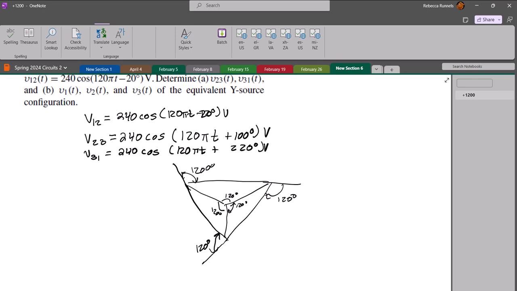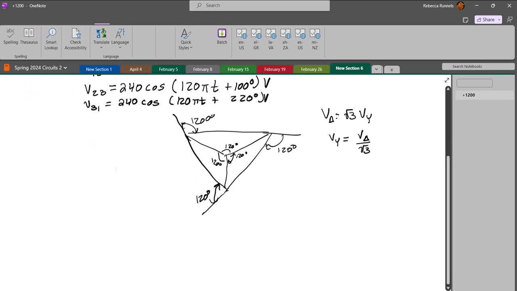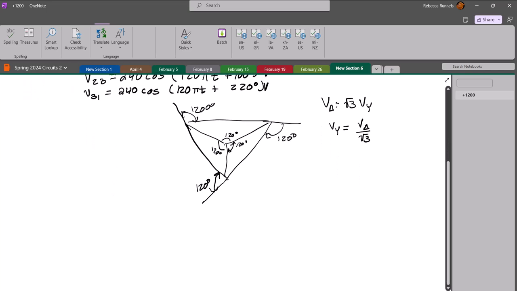And I know that V delta equals square root of 3 Vy, and this is Vy equals V delta over the square root of 3. And so to get the magnitude for the Y, I take the magnitude for the delta and divide it by the square root of 3.